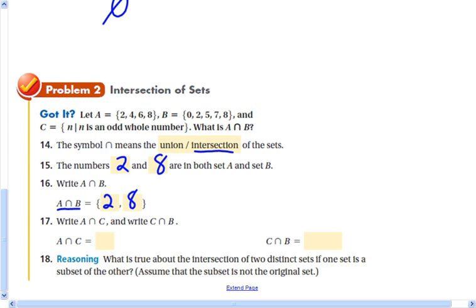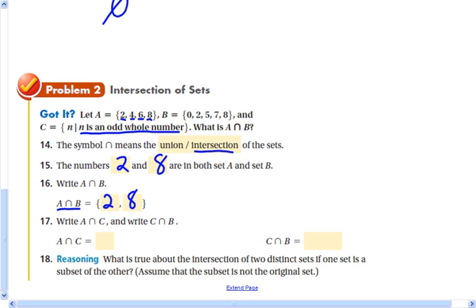A and C, or A intersect C, would be those common to both. If n is an odd whole number, then if we look at A, we notice there are no odd numbers in there.